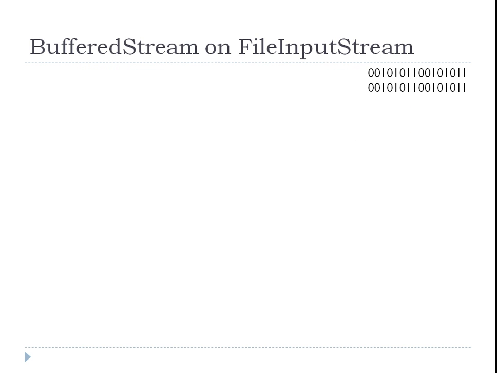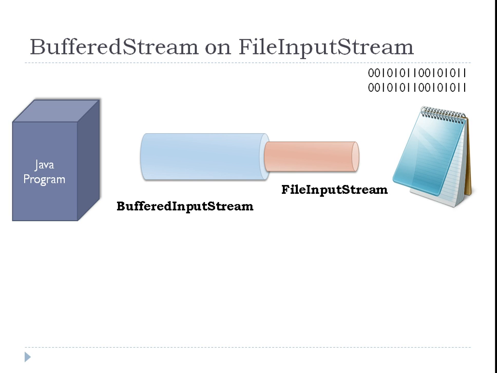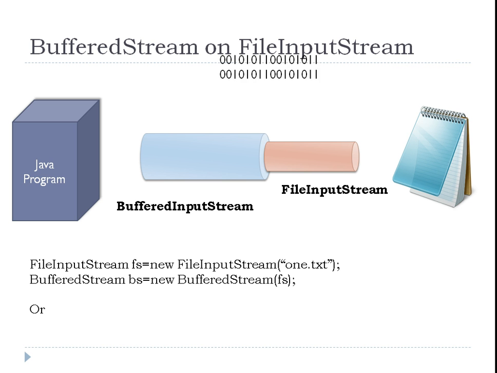So what is the solution? We will create a file input stream, and we will wrap it using a buffered input stream. This is a class, used to provide buffer facility to our input streams. So when we use a buffered input stream, when we use a buffer, multiple bytes will flow at a time.